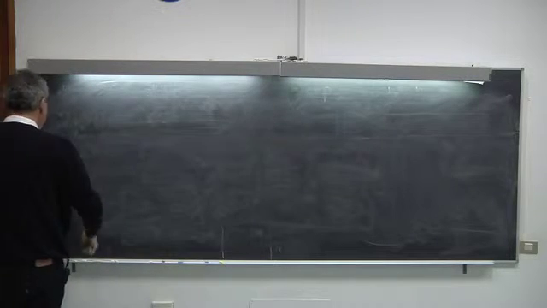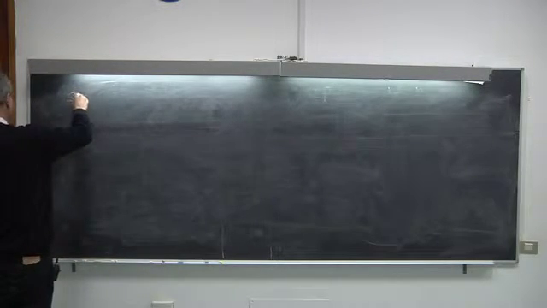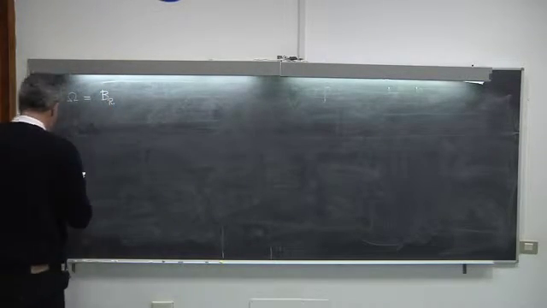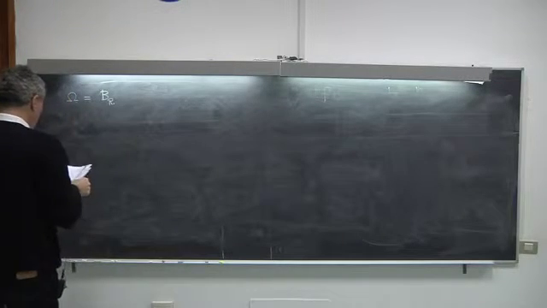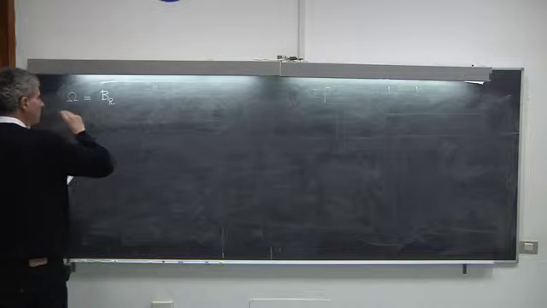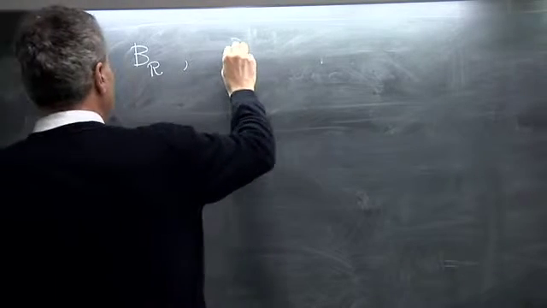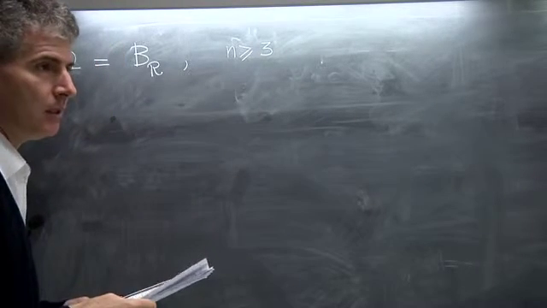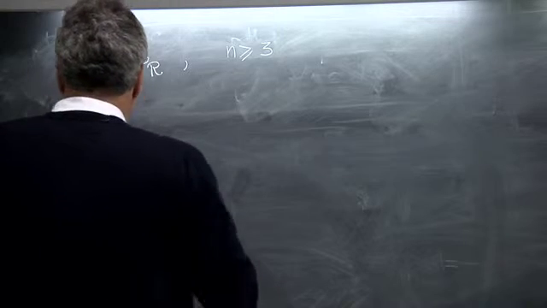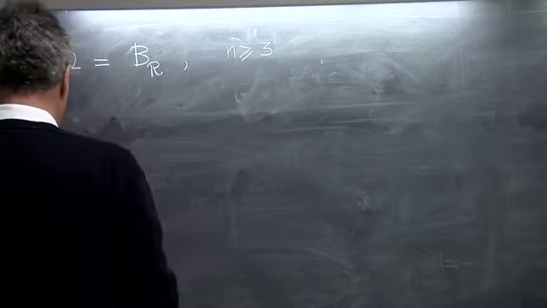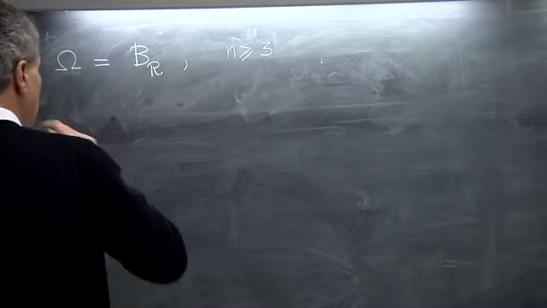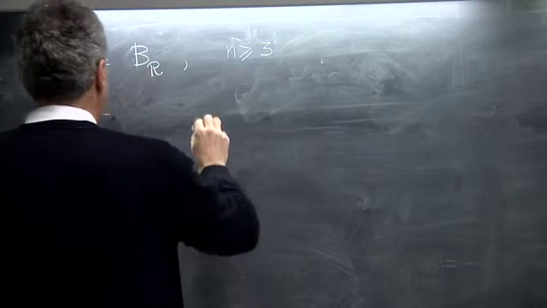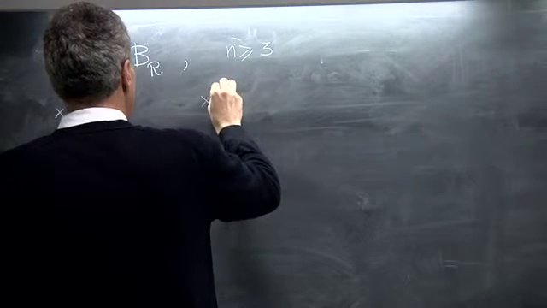So now let us take as omega the ball of radius r. Now let us do the computation only in dimension n larger or equal than 3. So take a point x in omega and define the following new point, x star.